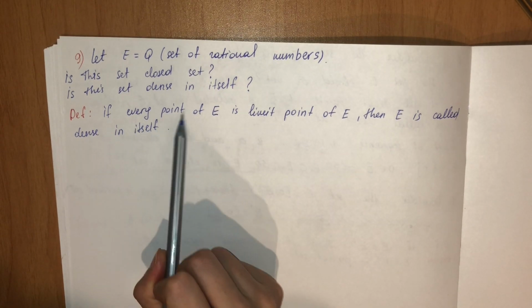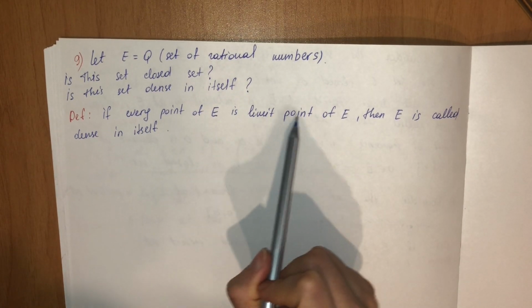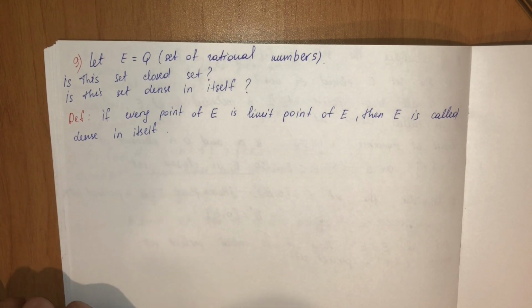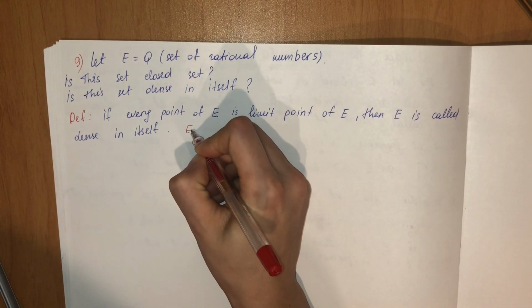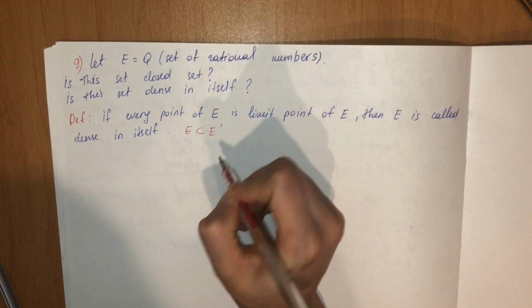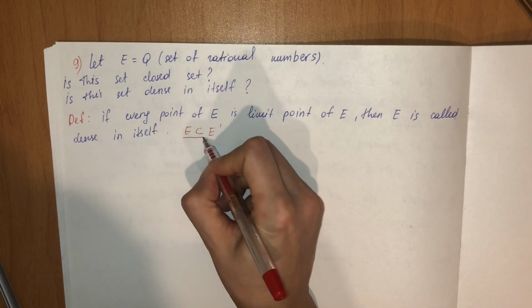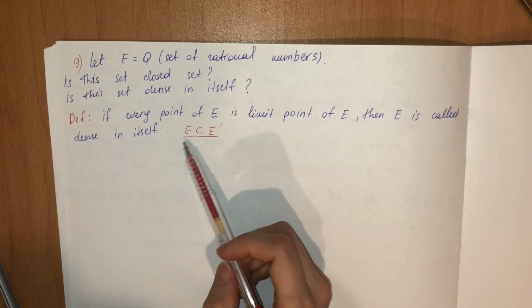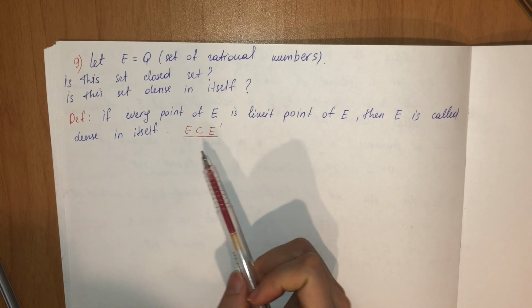If every point of E is a limit point of E, then E is called dense in itself. What does it mean? If E is a subset of E prime, if this condition is satisfied, then we can say that E is dense in itself.